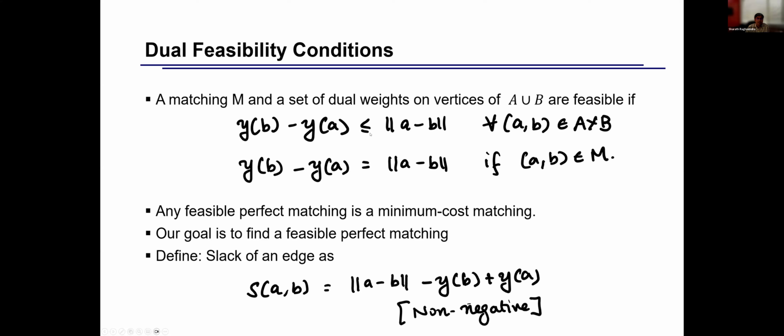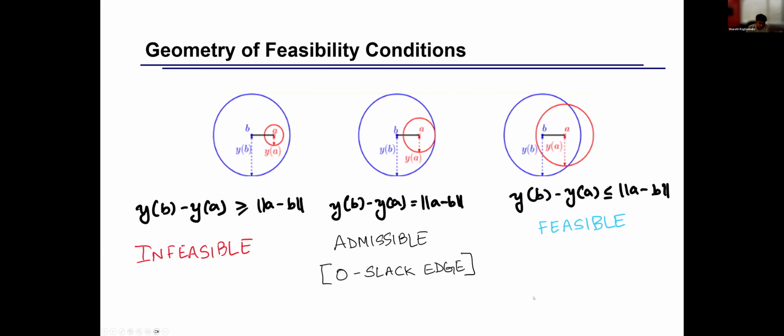So slack is simply the gap. If you look at the first equation here, it's the gap between the RHS and LHS. So the difference between the RHS, that is the distance between A and B, and the difference in the weights, that value is the slack. And if you take any feasible matching, the slacks will be non-negative.